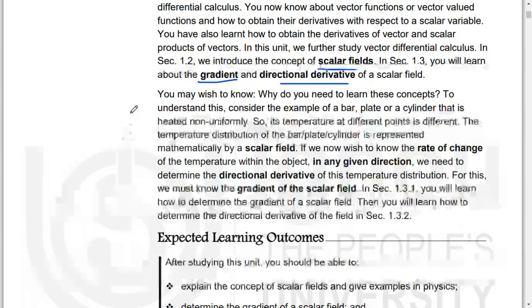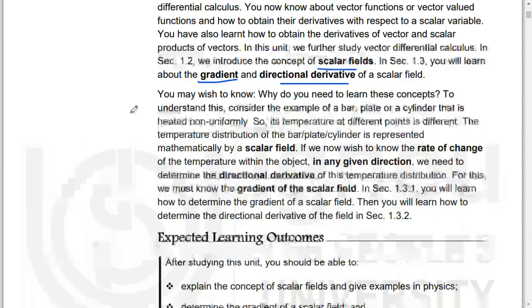You may wish to know why you need to learn this concept. To understand this, consider the example of a bar, plate or cylinder that is heated non-uniformly, so its temperature at different points is different. The temperature distribution of the bar, plate, or cylinder is represented mathematically by a scalar field.